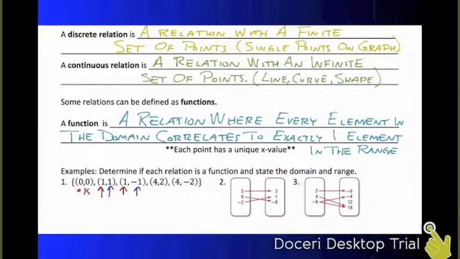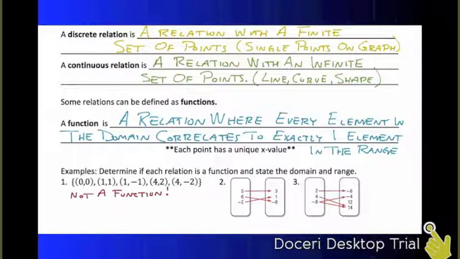The same thing happens over here with 4, and it repeats and has 2 and -2. So this is not a function! Exclamation point because we're excited. It's not a function.